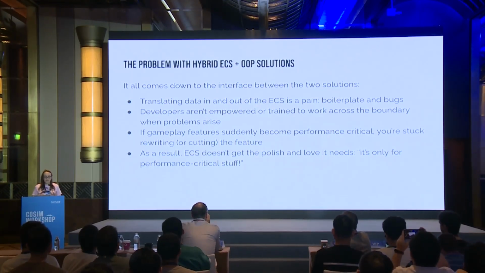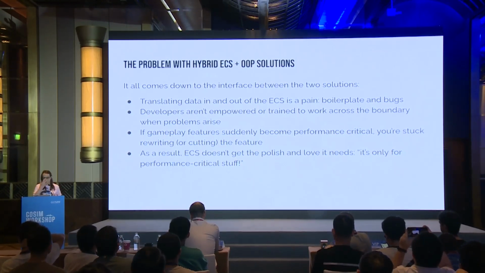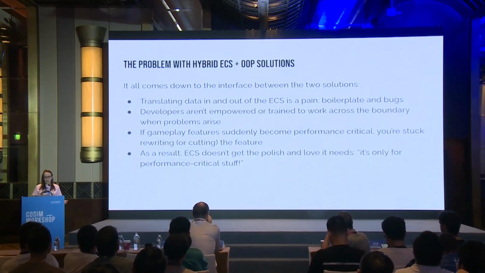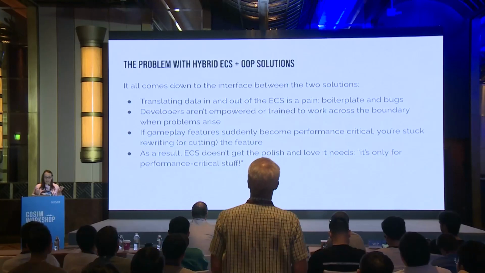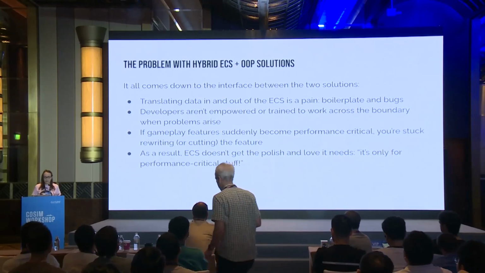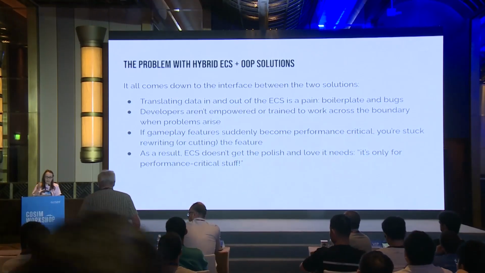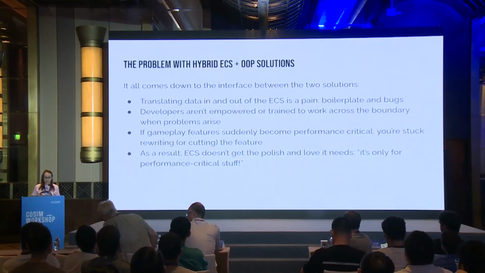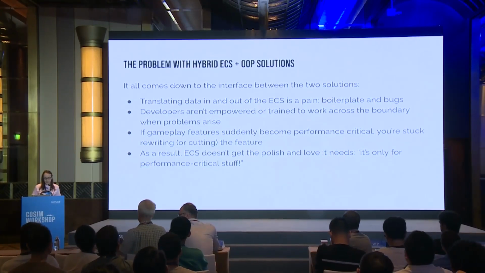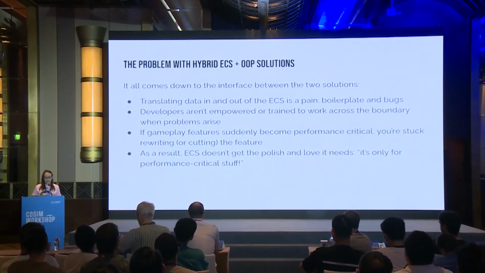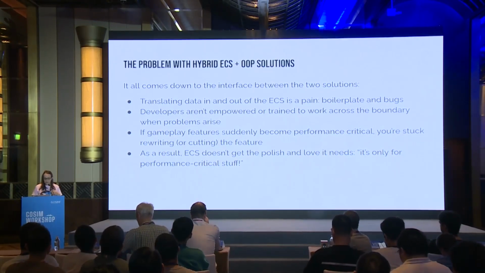Because if you've worked with complex software systems, if you have two different data models and they need to talk to each other in complex ways constantly, all of your pain is going to be concentrated right at that translation boundary. And you'll have boilerplate, you'll have bugs, you'll have performance overheads, you'll have issues where people just don't know both systems.